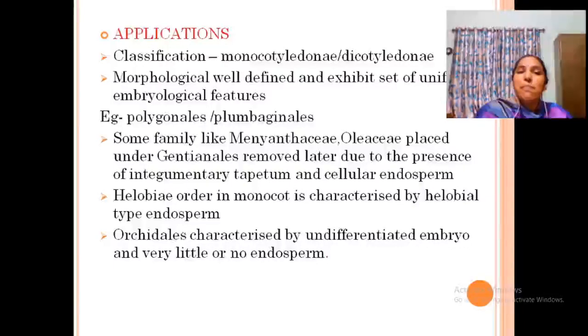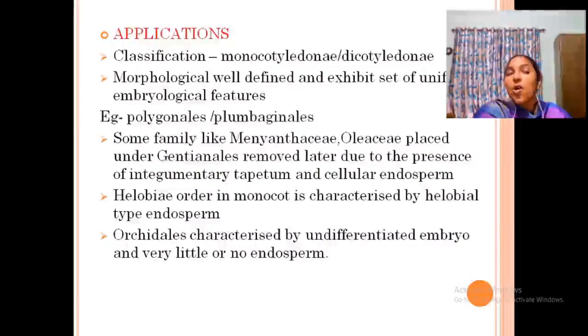The family Menyanthaceae and Oleaceae were included in the order Gentianales. Clear? But they were removed from this because of the special structure of the integumentary tapetum and cellular endosperm. For a long time it was included under Gentianales, but then it was removed. Clear? Then the order Helobiae in monocots is characterized by helobial type of endosperm.